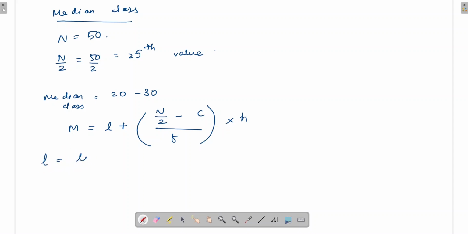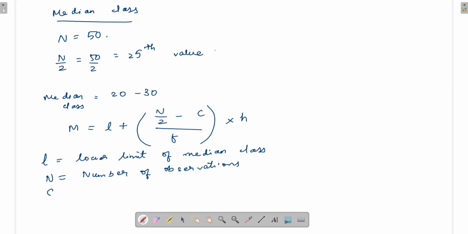L is the lower limit of the median class. Capital N is the number of observations. C is the cumulative frequency of the class preceding the median class.